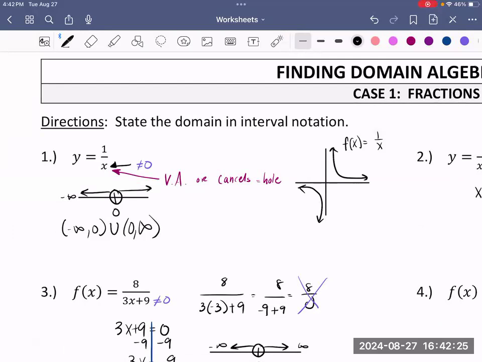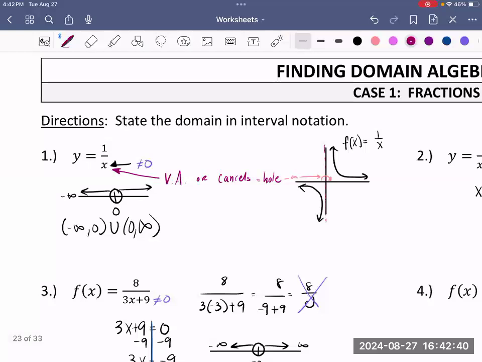So your domain here, if we're looking at just your domain values, we can see that we're going from negative infinity and we're approaching where x is equal to 0, and we jump over this mark because this is where we have a vertical asymptote. So we have a vertical asymptote when x is equal to 0. And then we're going to continue to go towards positive infinity. So that's how we're going to be reading these domains.